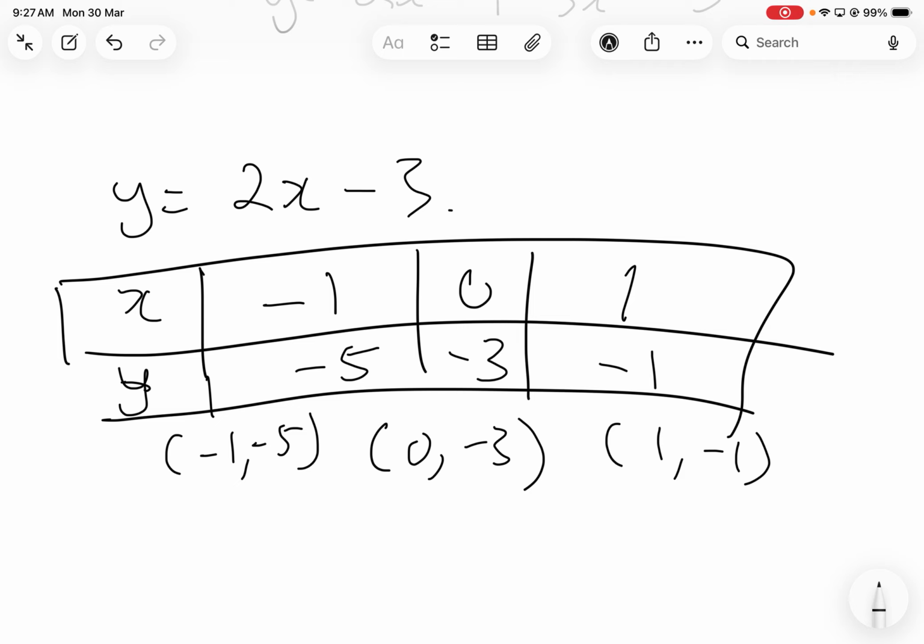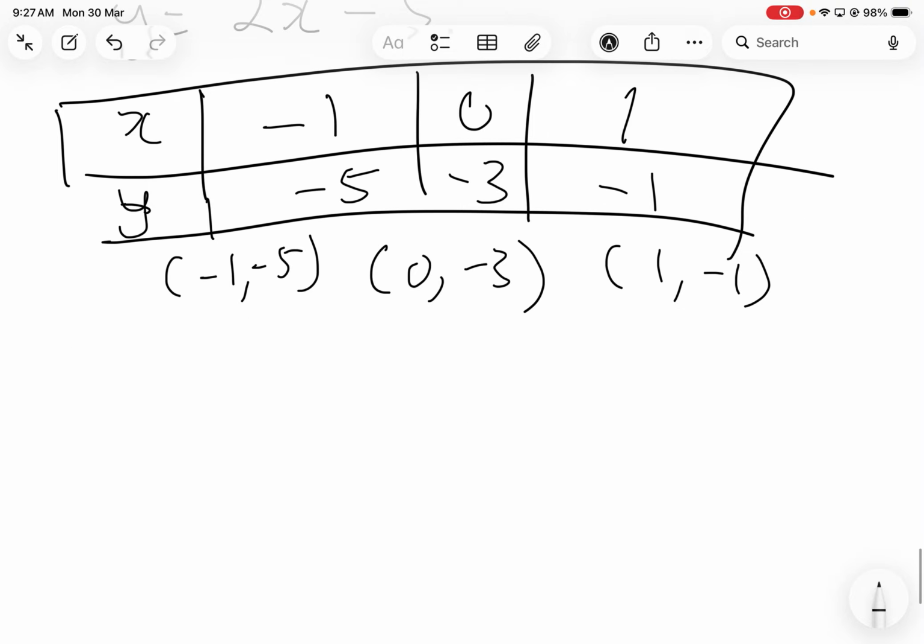Okay? So during your linear function, all your questions are like that one. Equation, table, from the table you can get your coordinates. Then after that, you go and plot it onto the graph. -1, -5. 0, -3. 1, -1.